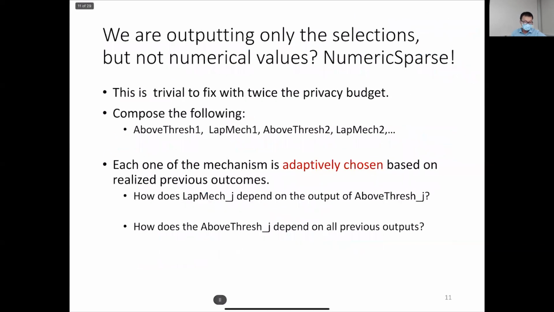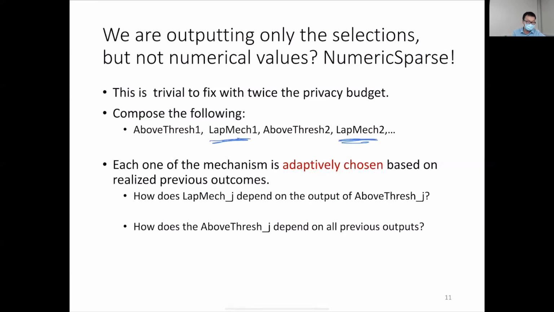queries. But before that, there is an issue with the sparse vector technique we've talked about earlier: this algorithm does not output the actual numerical values of the queries. We can select a subset of these queries, but we're not revealing their actual values. We're only screening them, and it gives us a bit vector that selects the interesting ones among all of them. So what we can do is interlace one Laplace mechanism after every above threshold.